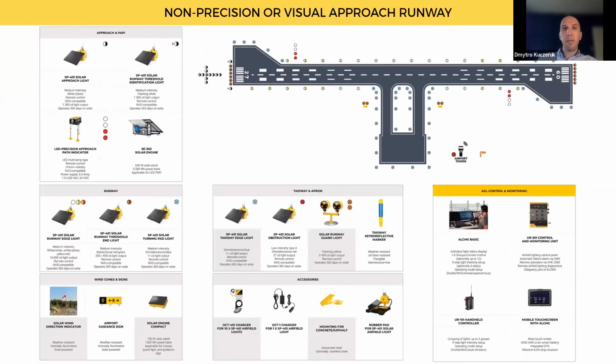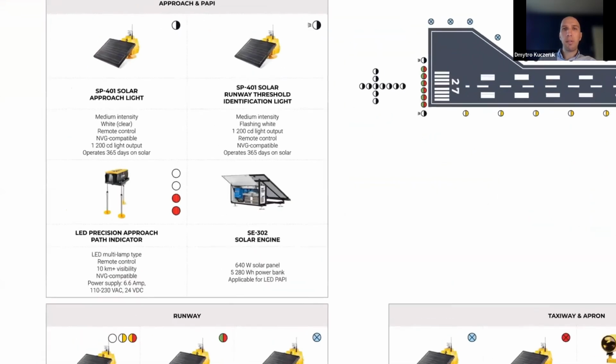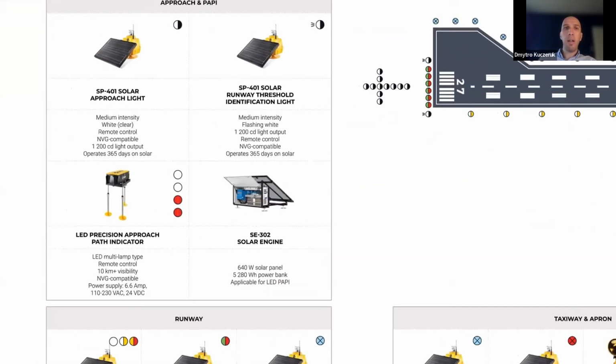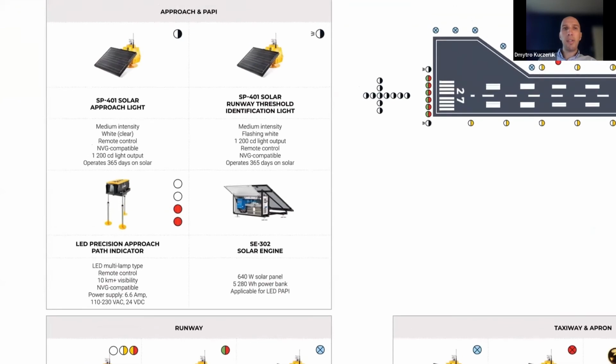The second part of our portfolio is designed for non-precision or visual approach runways. Similar portfolio here, we have all lights required to build a simple approach, including runway threshold identification lights that are synchronized by GPS, and LED PAPI produced by S4GA, powered by a solar engine.